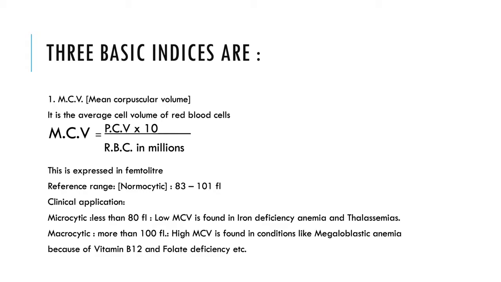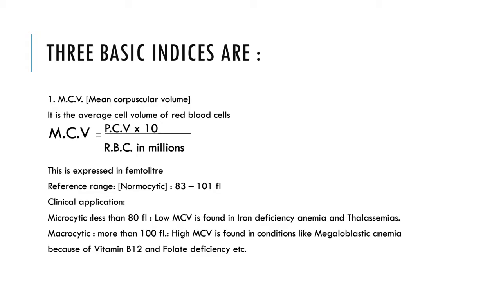When you have to measure the MCV, you have already measured the total number of RBC in the person, and according to our last class you have measured the PCV or hematocrit value. So automatically you will get the value of MCV just by doing a simple equation.